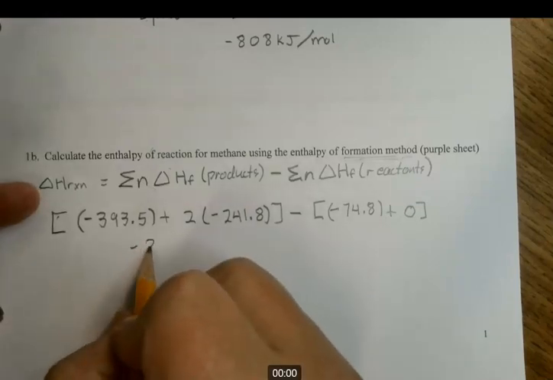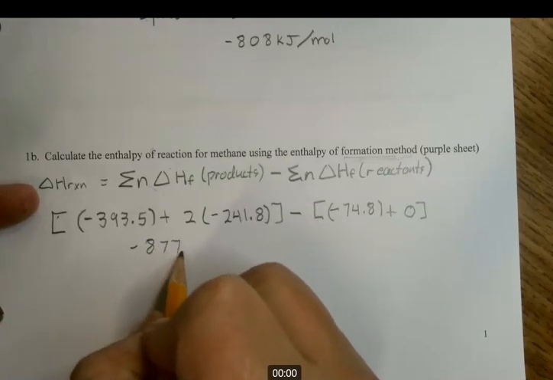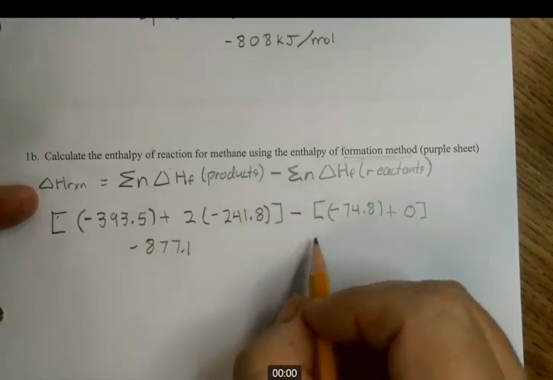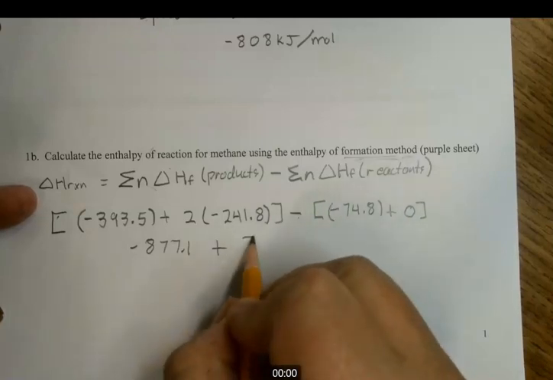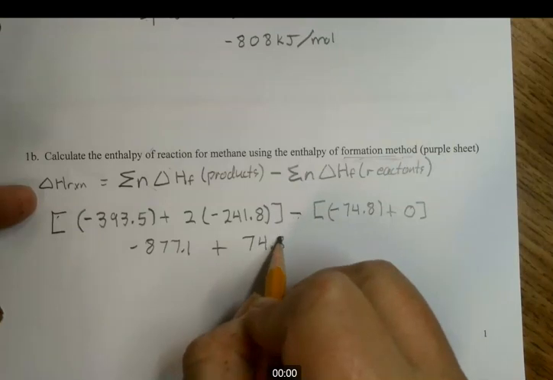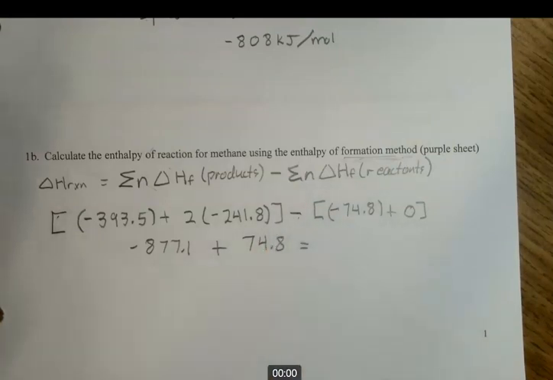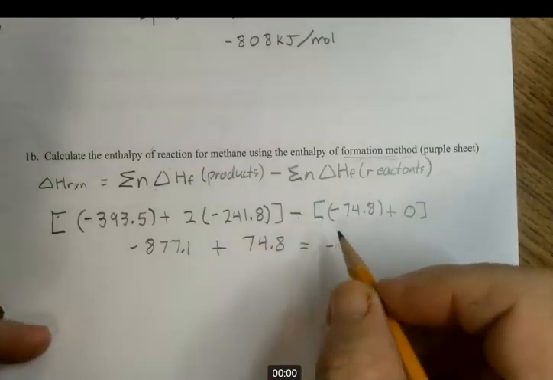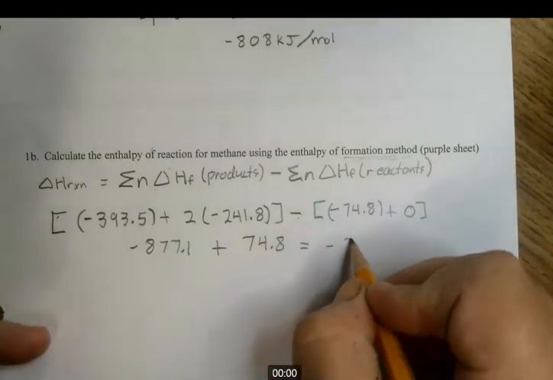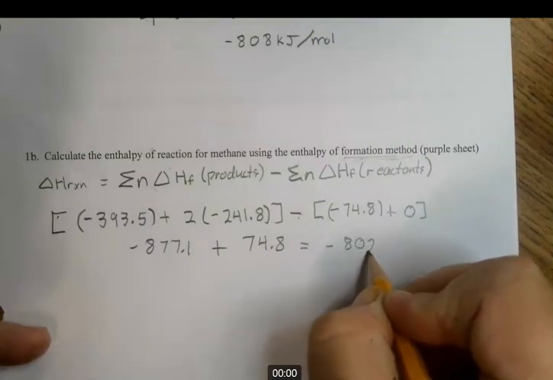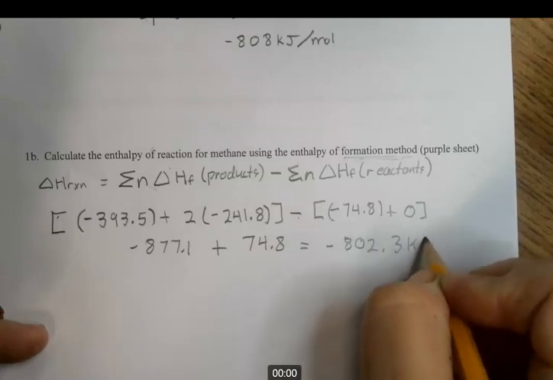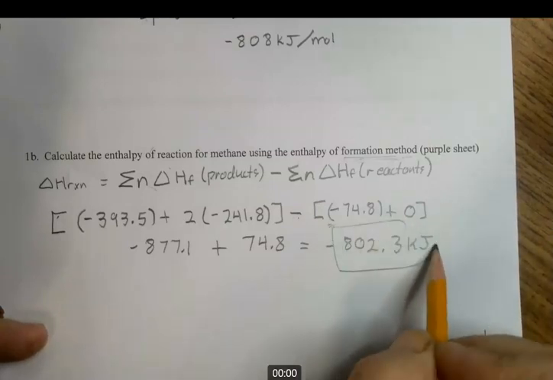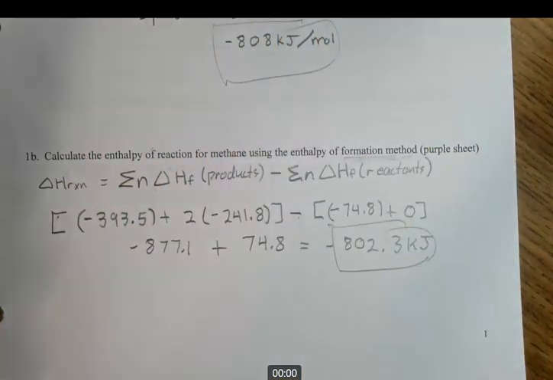For this I get negative 877.1, and minus a negative is going to be a plus, so 74.8. If you do that, you get 802, close enough for us. Again, remember, bond energy is just an approximation. Enthalpy of formation is actually a more accurate method, and that's kilojoules for that reaction. So there's your answer compared to that, pretty close to each other.